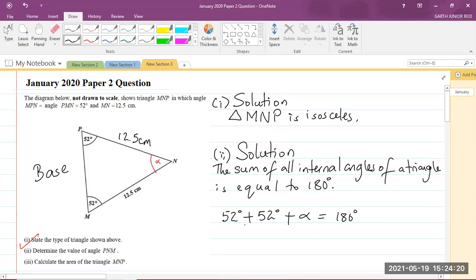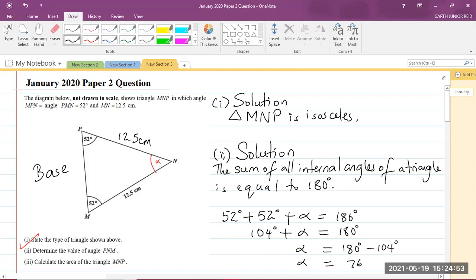Good. So our aim is to find alpha. We know that 52 degrees plus 52 degrees is 104 degrees. So we have 104 degrees plus alpha is equal to 180 degrees. So alpha is equal to 180 degrees minus 104 degrees, I'm carrying the 104 degrees to the right-hand side of the equation and it becomes a negative.